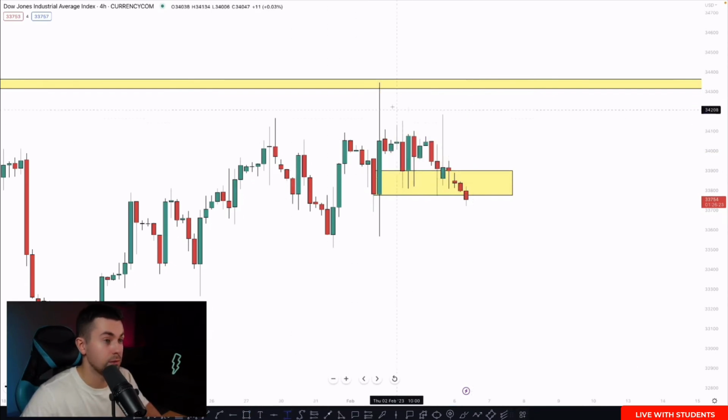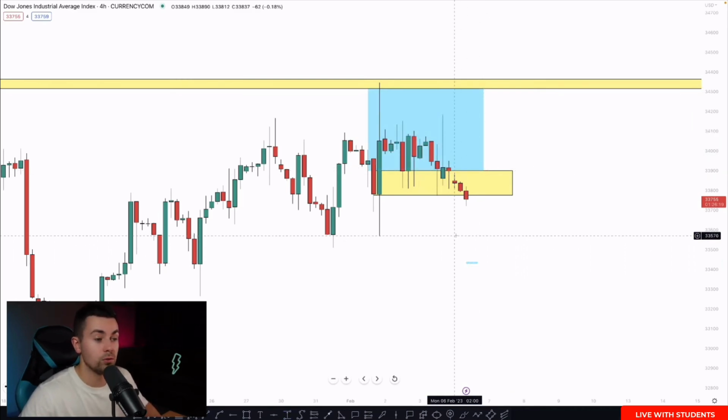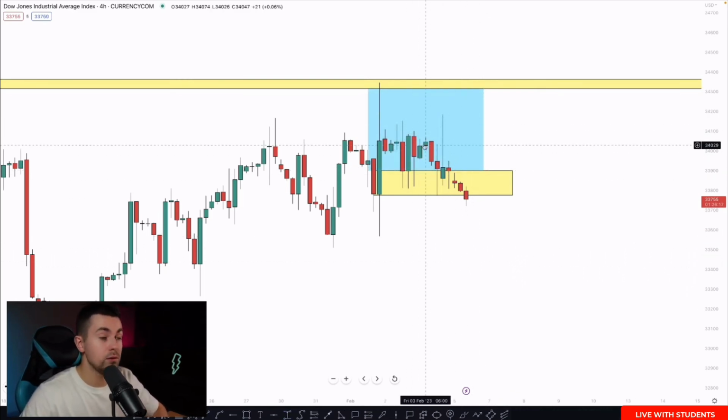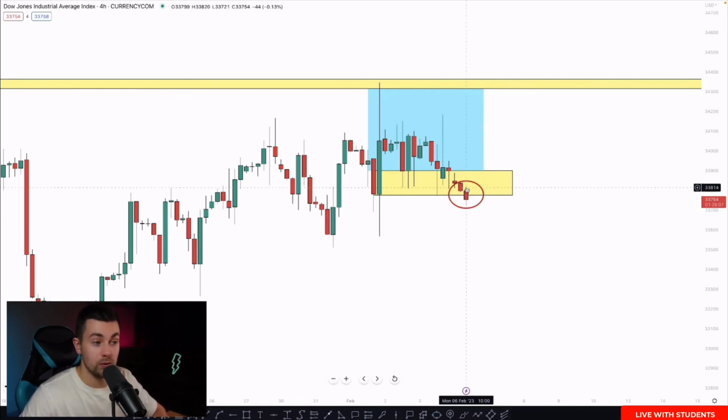Let me underline that with the blue color. Here it goes. That is our range. And you can see that for some time the price was coiling within the boundaries of that range, but now we see the breakout attempt of its lower boundary. At the moment the price is trying to violate the support of the range to the downside.